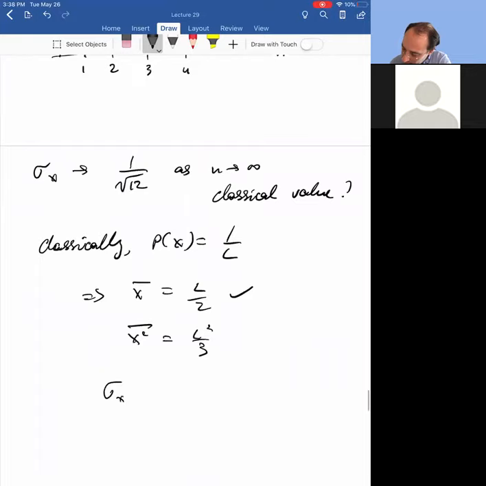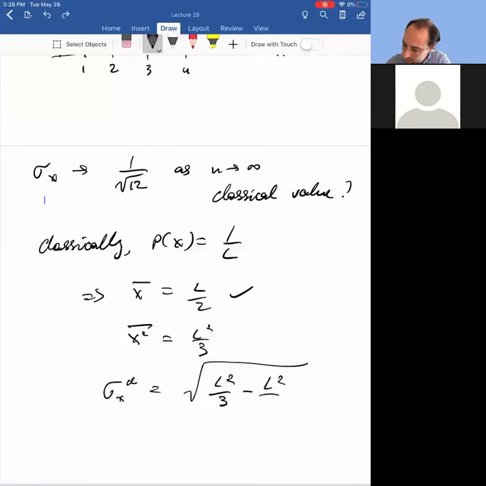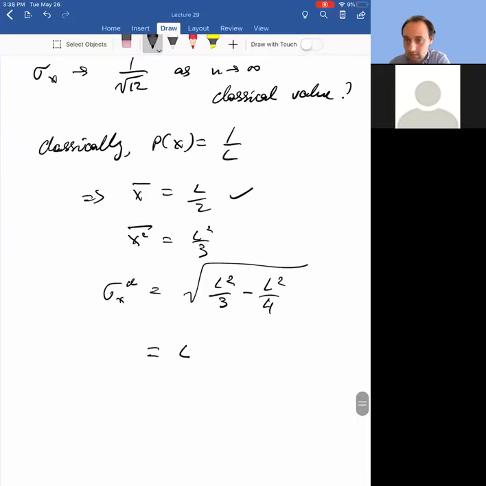So classical sigma x equals the square root of L squared over 3 minus L squared over 4, which comes out to be L, I'll go outside of the radical, and you rationalize that, that's 1 over root 12, equals L over root 12.